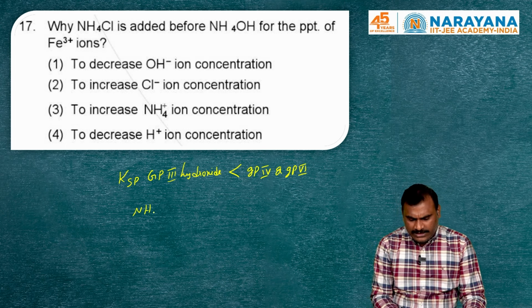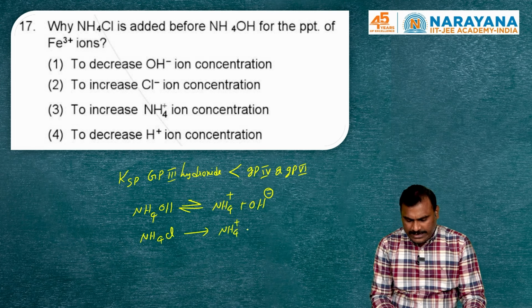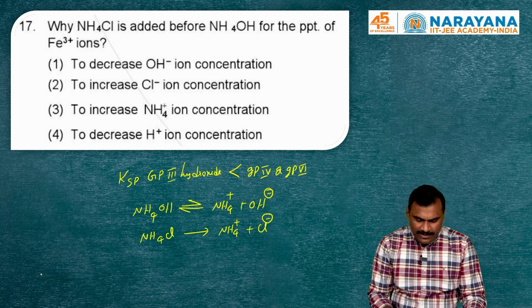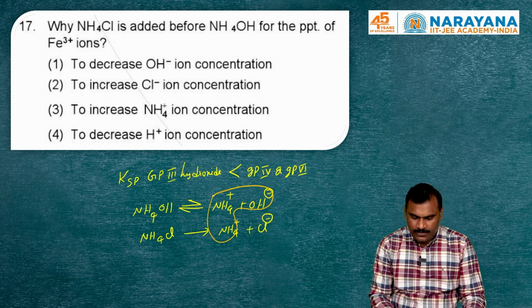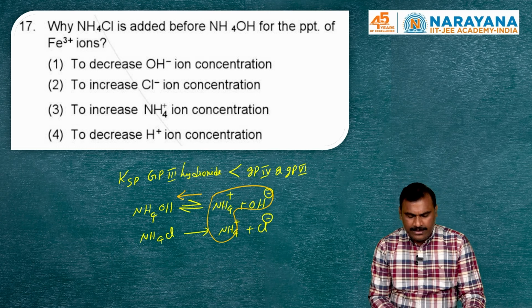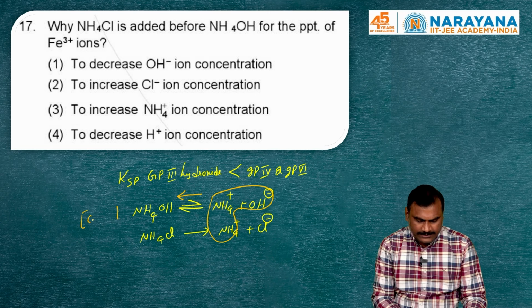What happens here, you see? Ammonium hydroxide is a weak electrolyte, giving NH4 plus and OH minus. Ammonium chloride is a strong electrolyte which completely dissociates, which causes a common ion effect. Because of the common ion effect, the equilibrium goes back and the concentration of hydroxide decreases.